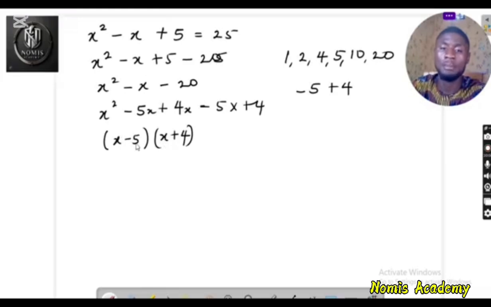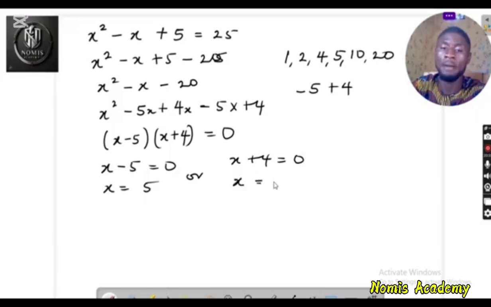So (x minus 5)(x plus 4) equals 0. Just take them one after the other. x minus 5 is equal to 0, so x is equal to 5, or x plus 4 is equal to 0, so x is equal to minus 4.